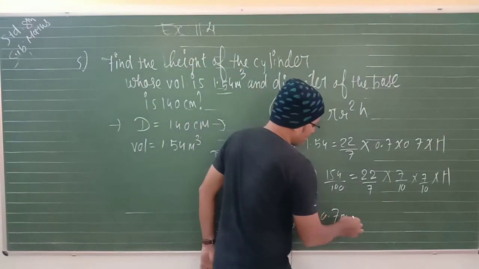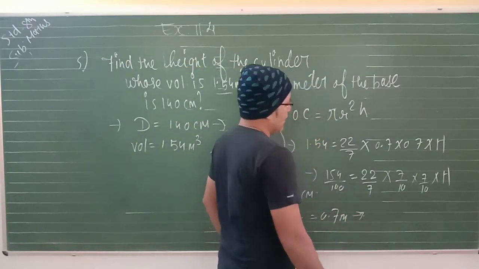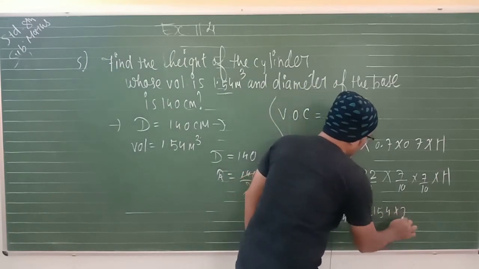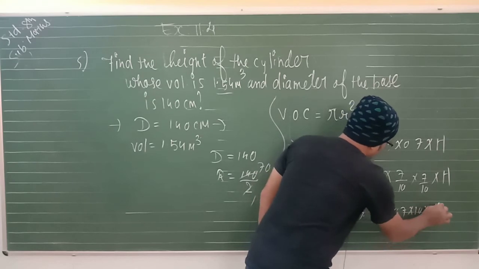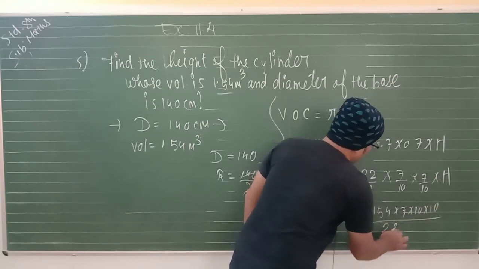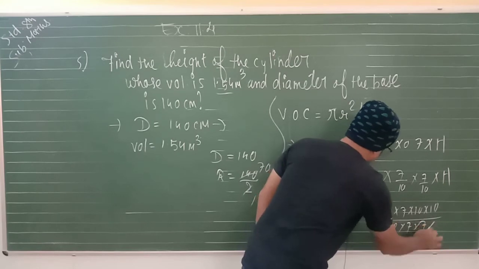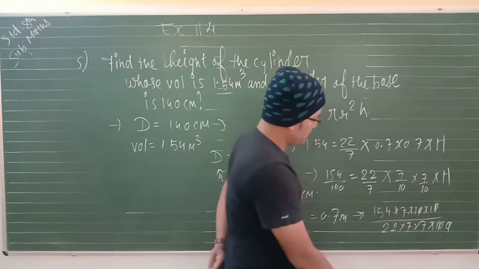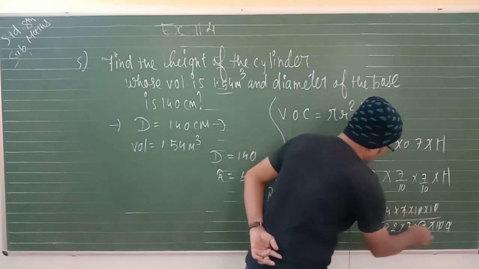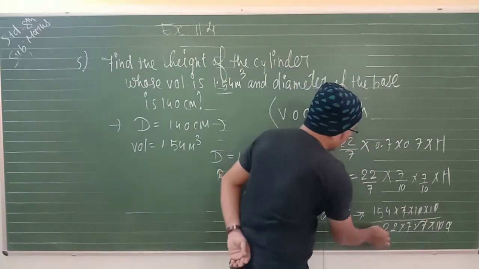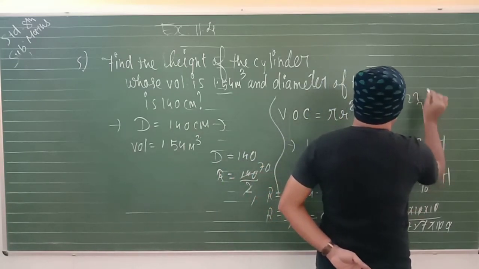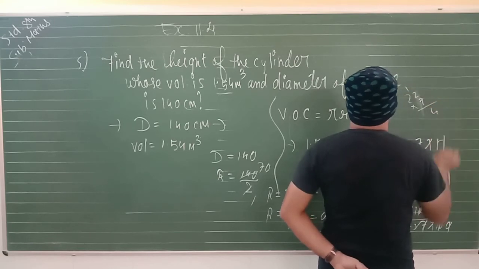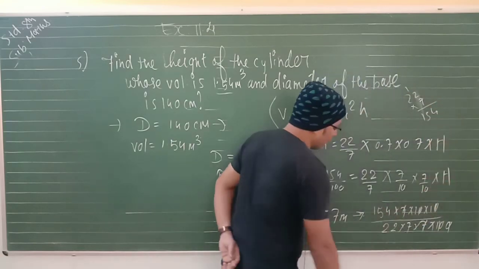Now h is equal to 154 into 7 into 10 into 10 upon 22 into 7 into 7 into 100. Here 0 0 cut, right? 7 7 cut. 22 7s are 154.